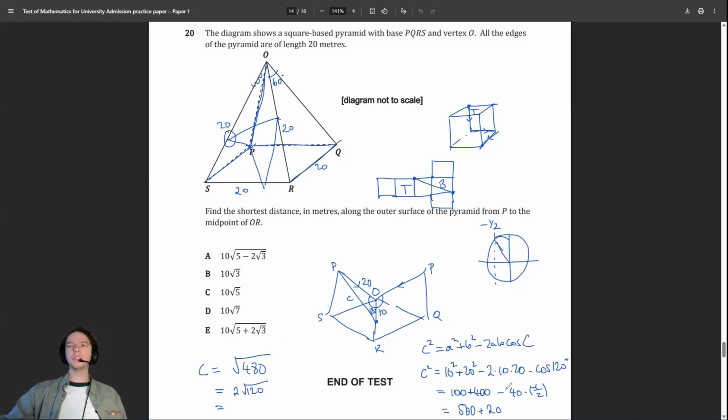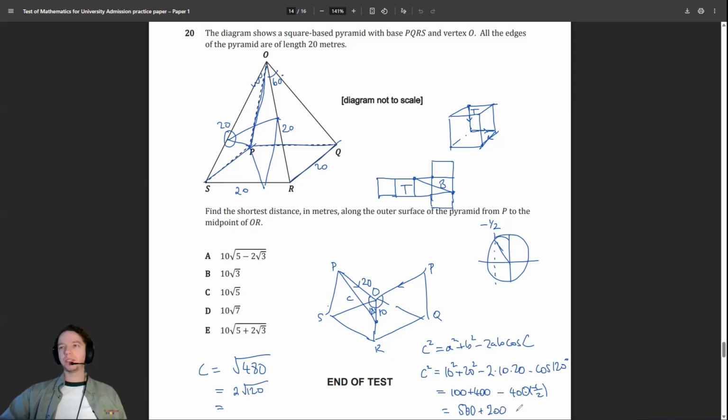It's not a multiple of 100. Oh yeah, that's because, it's not 40, it's 400. Gosh, I keep making these really stupid mistakes. I need to calm down.